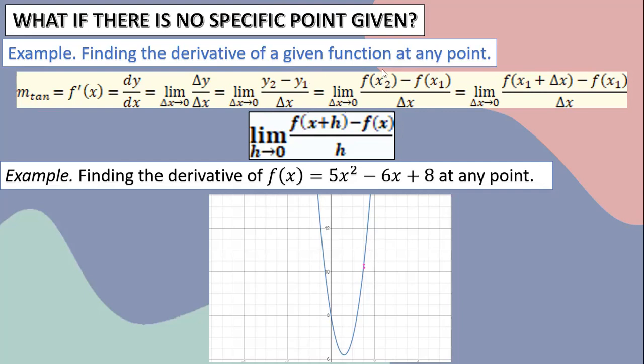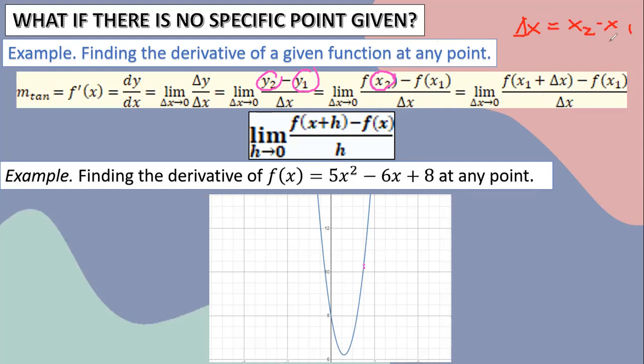Further simplifying itong y sub 2 and y sub 1, we have f of x sub 2 minus f of x sub 1 over the change in x. And then x sub 2, ano ba yung pangalawang point natin? Aadan lang natin ng change in x. So that change in x is equal to x sub 2 minus x sub 1.